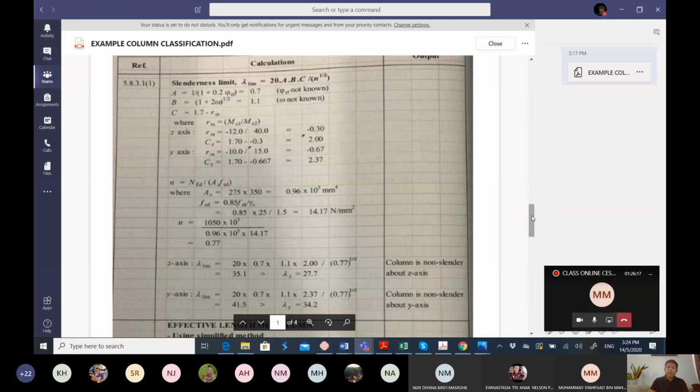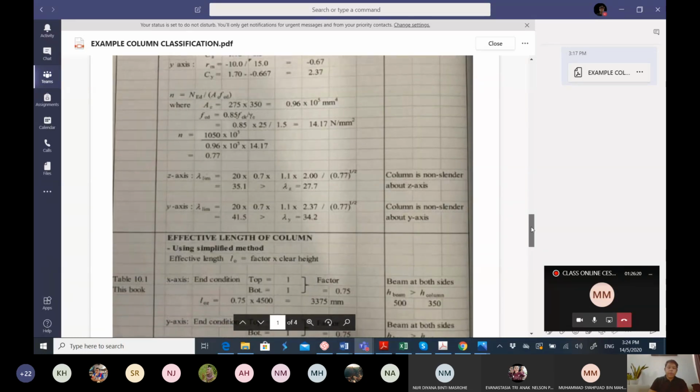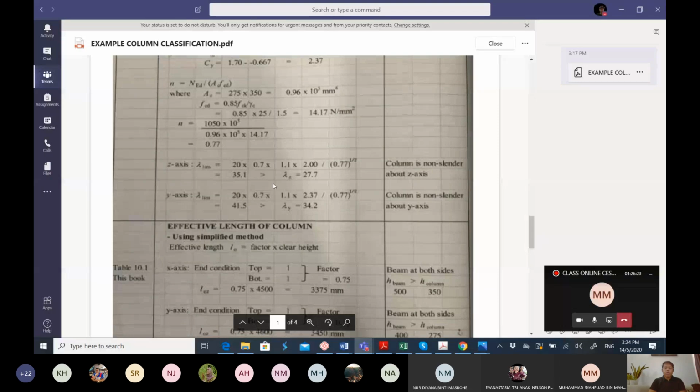And then you will get the answer for lambda limit Z and also lambda limit Y. So you compare with your lambda Z and also lambda Y. In our case here, lambda Z is less than lambda limit Z, lambda Y is less than lambda limit Y. Therefore, both axes are considered as a short column or non-slender column.